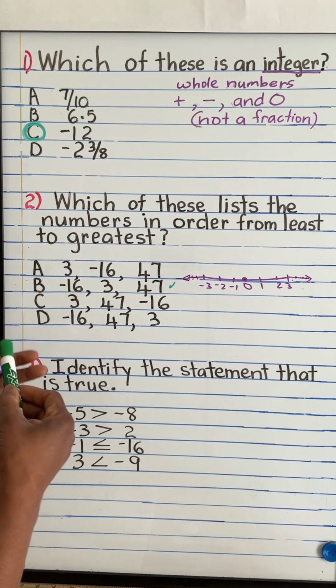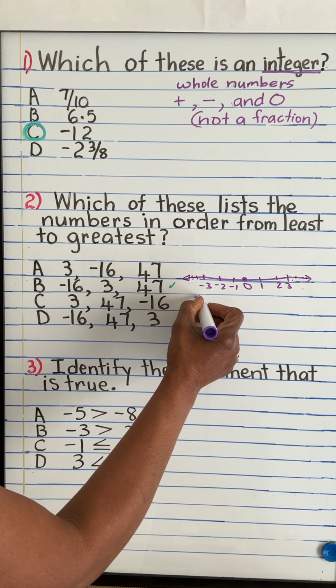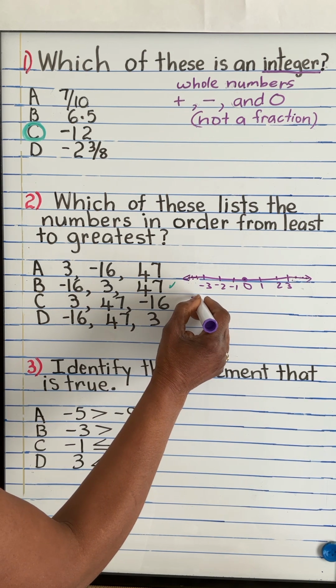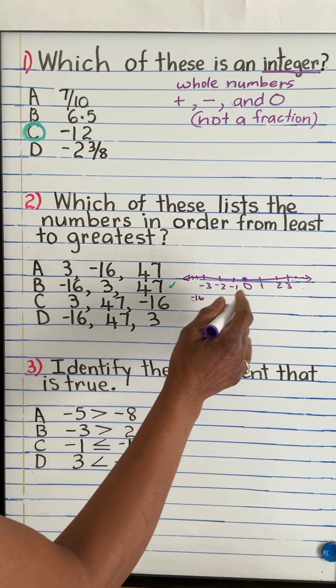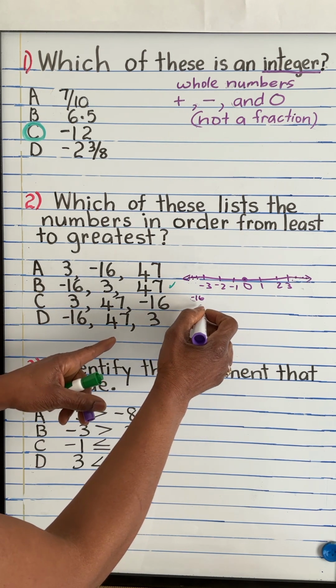So we know that negative 16 would be somewhere over here on this side, and this is least.